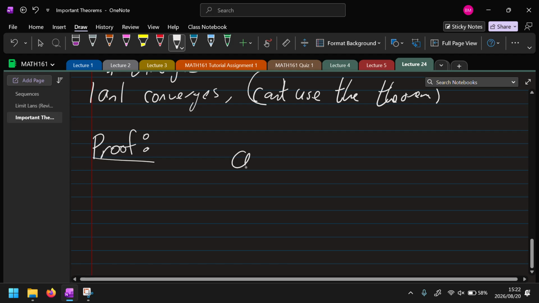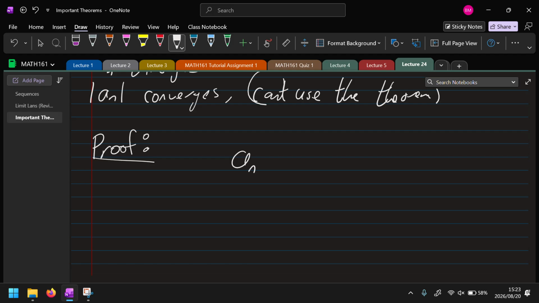So we know that the sequence a sub n is less than or equal to the absolute value. Right? Because the absolute value is always positive, so it must be larger than whatever value we have. Okay, make sense? Then a sub n will also be larger than minus the absolute value. Right?